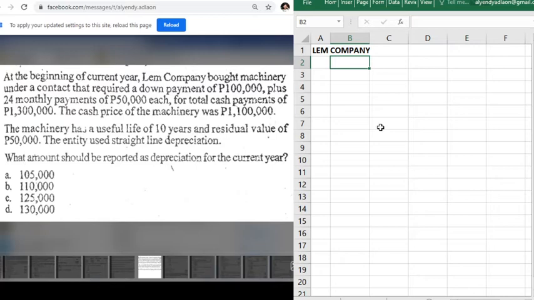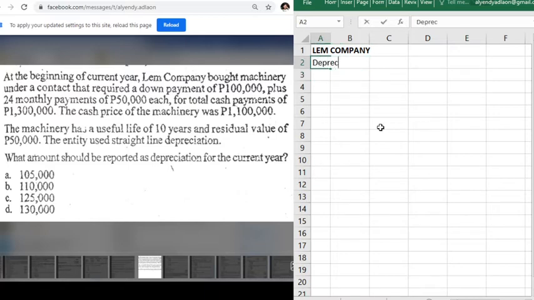The machinery has a useful life of 10 years and a residual value of 50,000 pesos. The entity used straight line depreciation. So the first question is, what amount should be reported as depreciation for the current year? In order for us to get the depreciation, this is the formula.